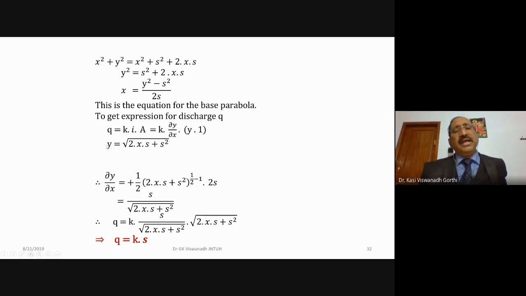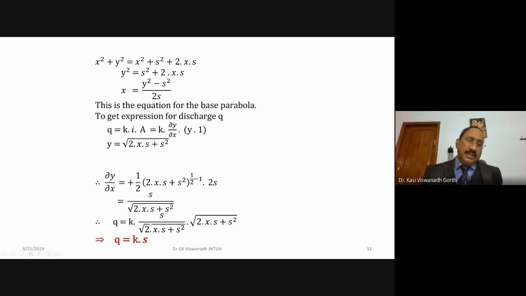Making use of the equation, y is equal to square root of 2xS plus S square. Substituting dy by dx in this equation, the square root of 2xS plus S square in numerator and denominator gets cancelled, and your Q, the seepage rate through the body, will be equal to K into S.